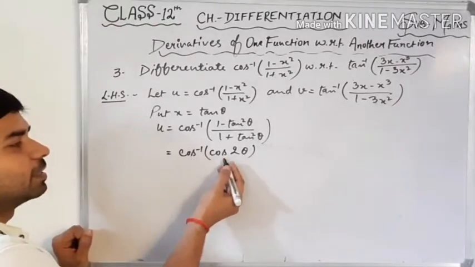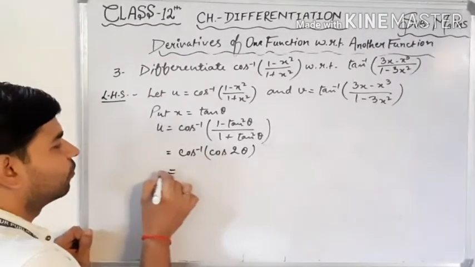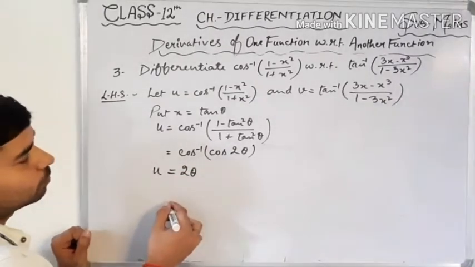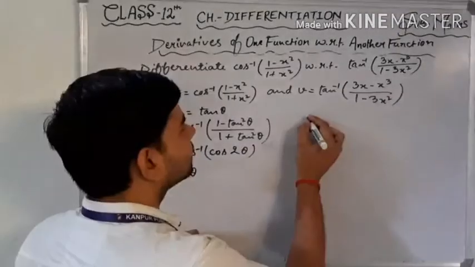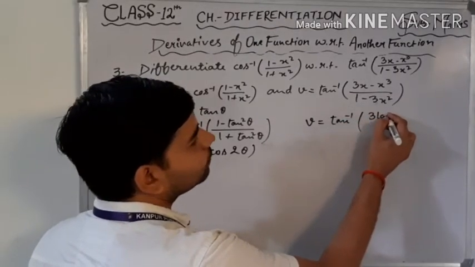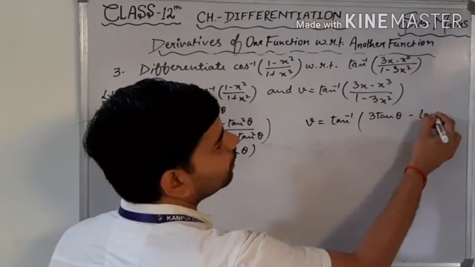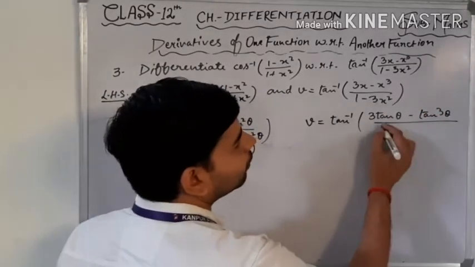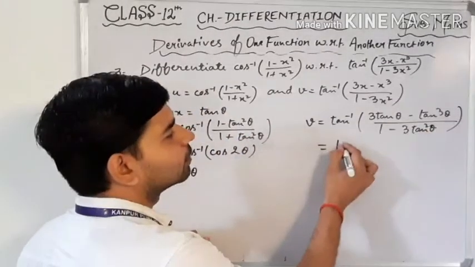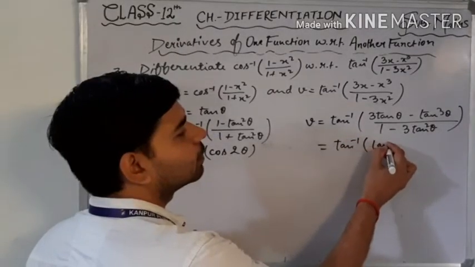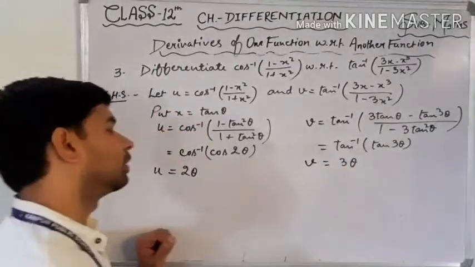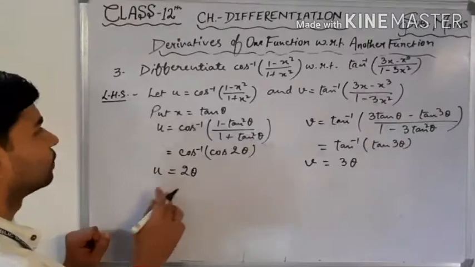Now this is cos inverse, this is cos, they will cancel each other. We get u equal 2 theta. Similarly, v equals tan inverse 3 tan theta minus tan cube theta, whole upon 1 minus 3 tan square theta. This is tan 3 theta. So this becomes tan inverse tan 3 theta, which equals 3 theta. So v equals 3 theta.